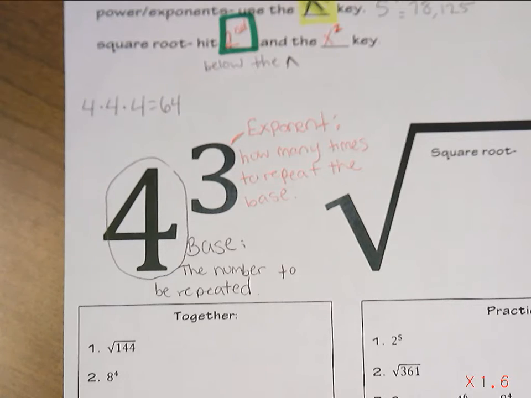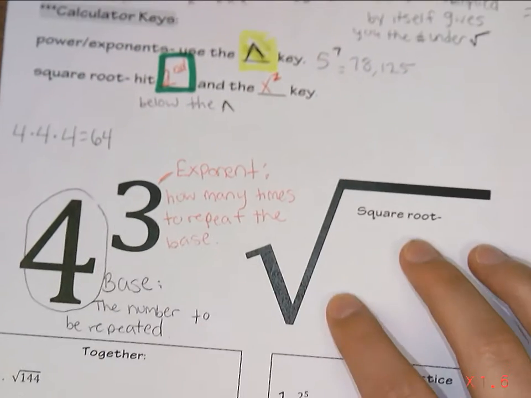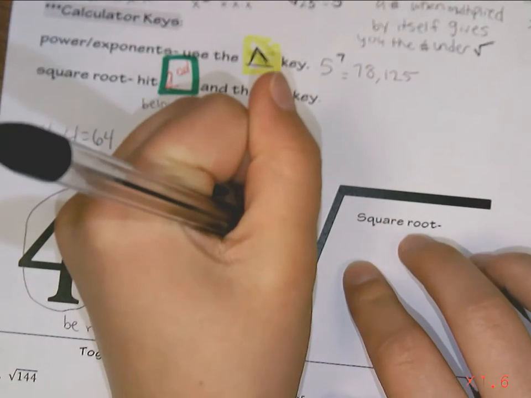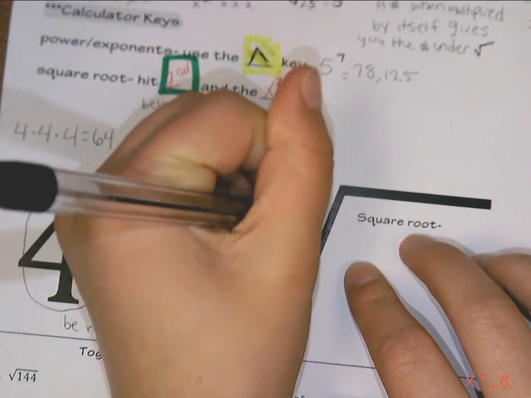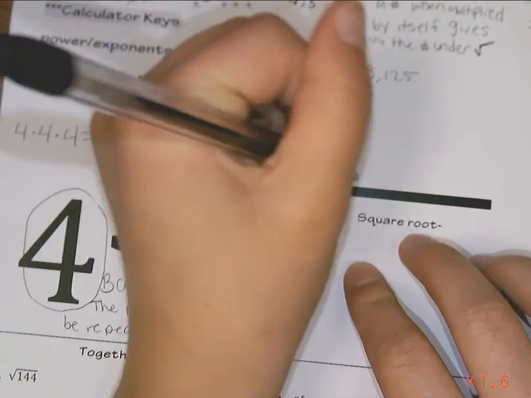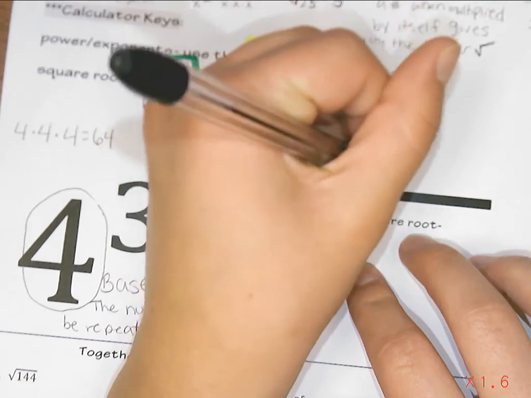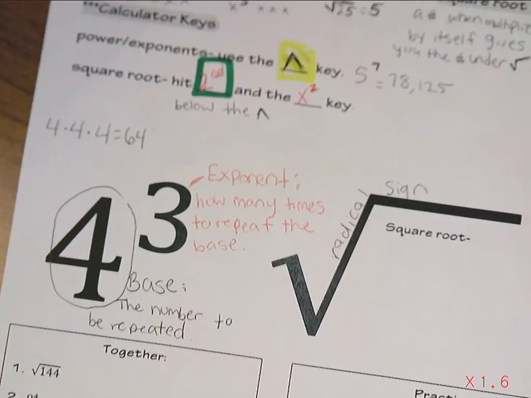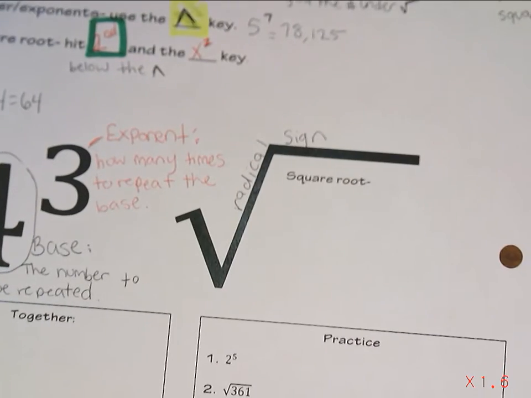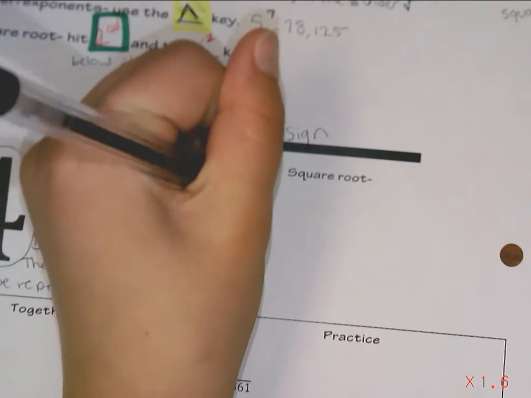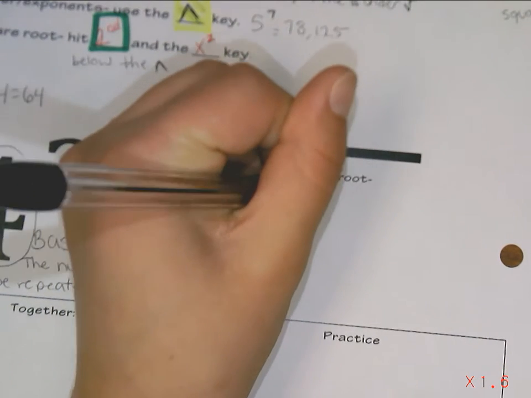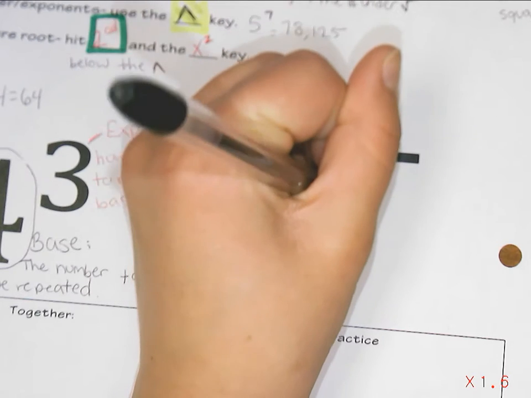Okay, and then you have a square root. Okay, and this is a radical sign we talked about. A radical sign, and then your square root is what number times itself.